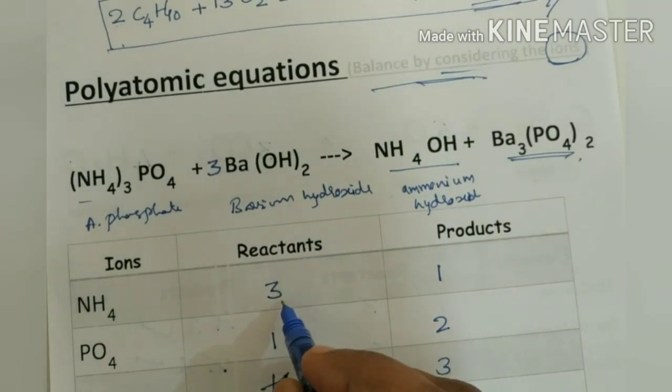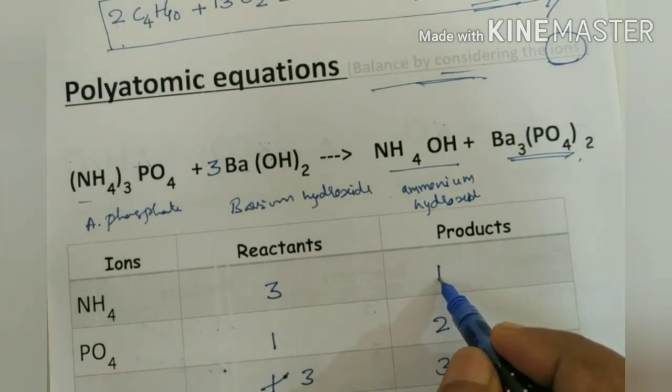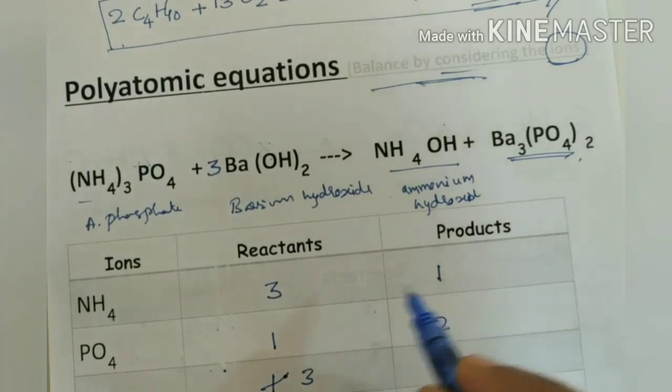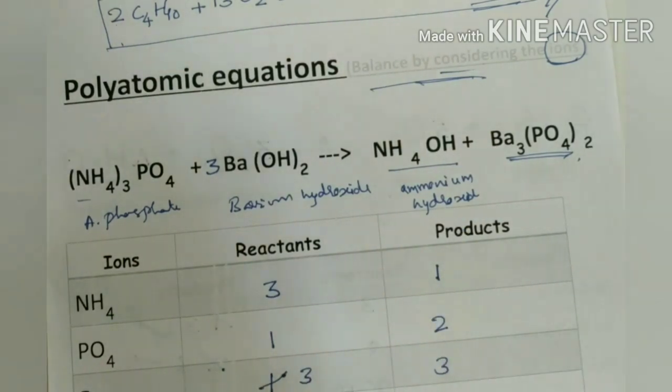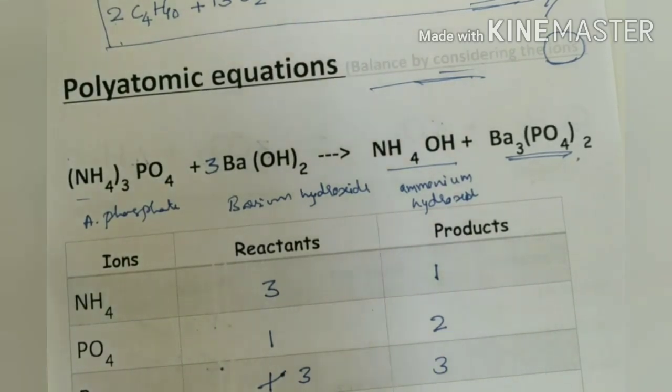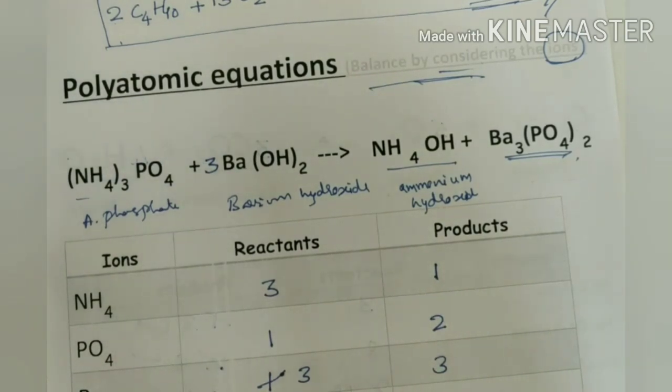So now take ammonium. How many are there? 3 here, 1 there. And before that, see, I have balanced the hydroxyl ion first. OH is 6 here and 1 there.